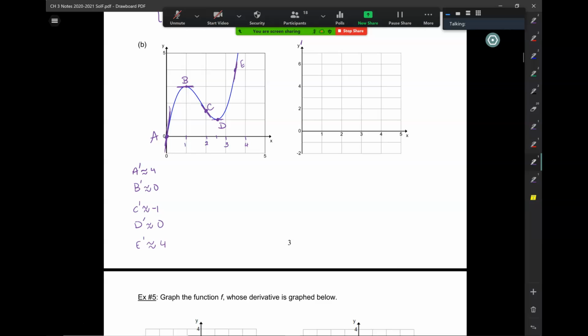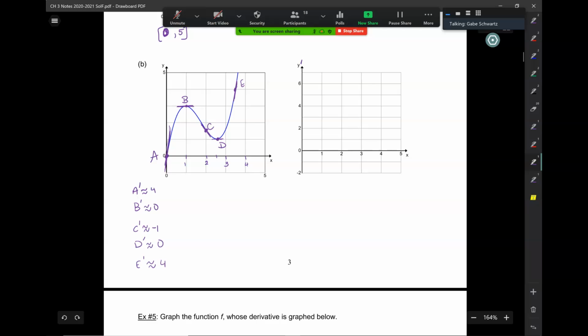Now we're going to graph those points. We said the slope at A, which is at x equals 0, could have been about a 4. The slope at B, which is at x equals 1, is about a 0. At C, we said the slope could be like a -1.